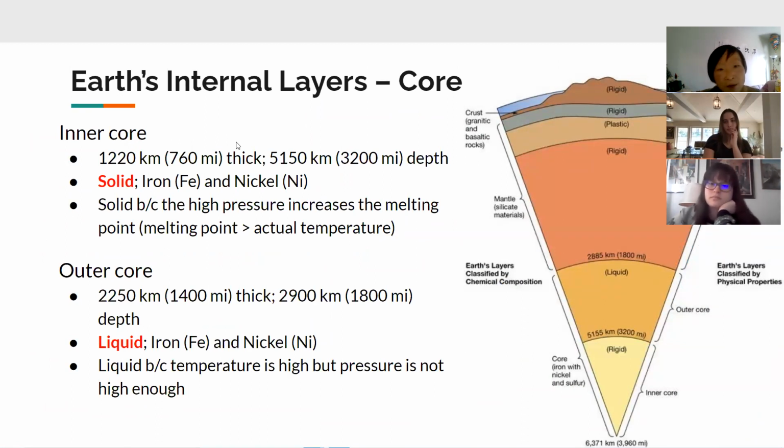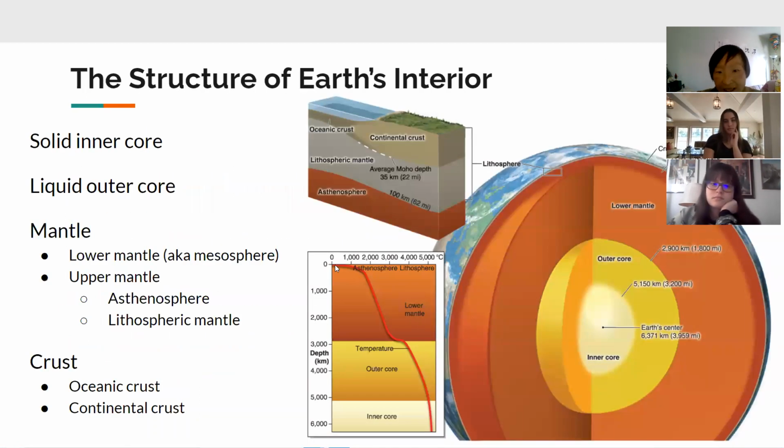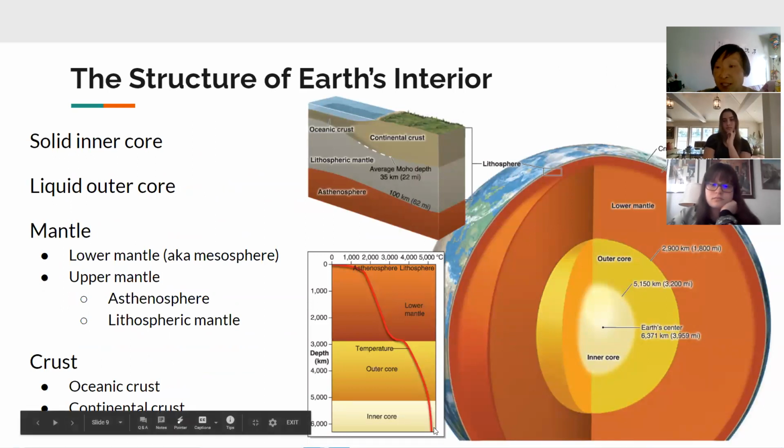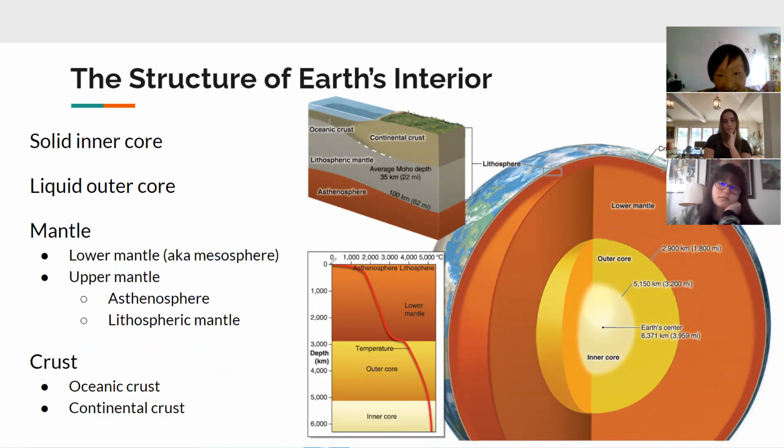Oh, by the way, let me go back. You can see this profile showing you the temperature. This is the top, and this goes deeper, the depths. You can see our inner core is very hot, more than 5,000 degrees Celsius.